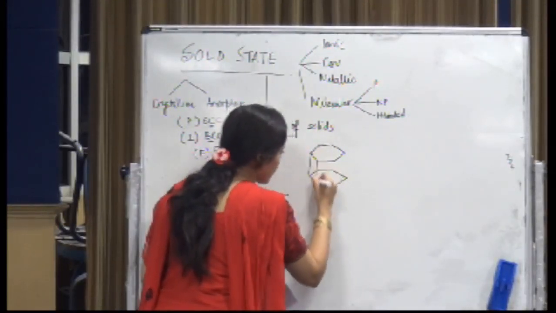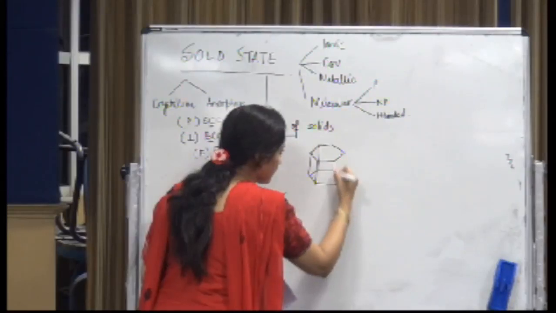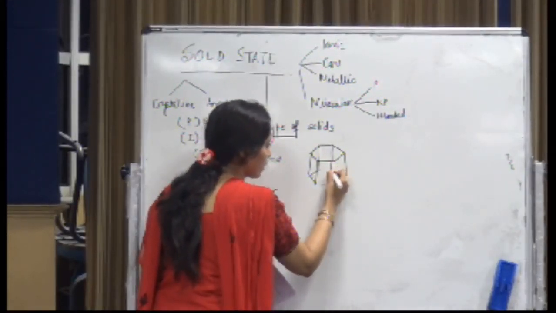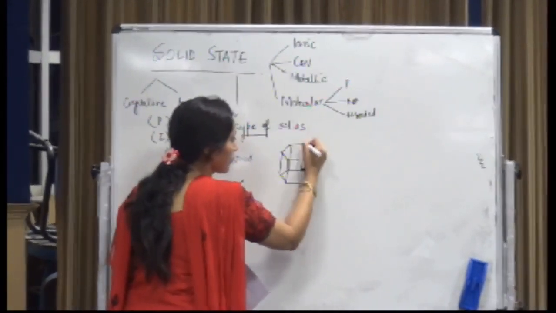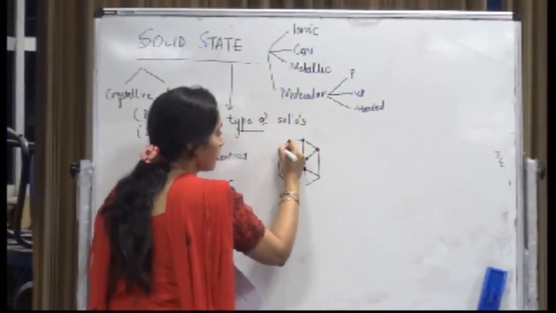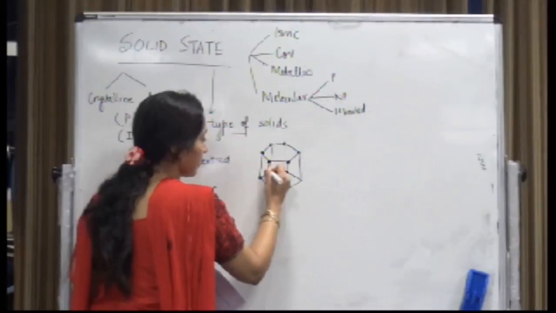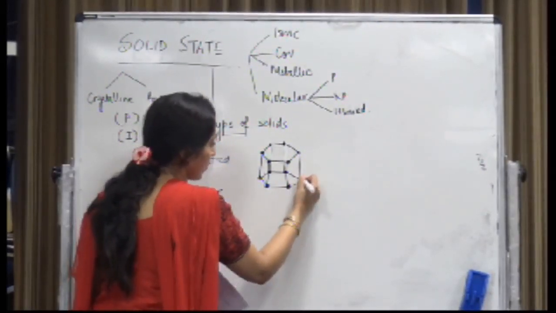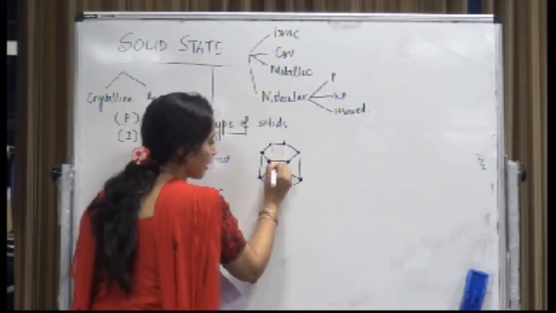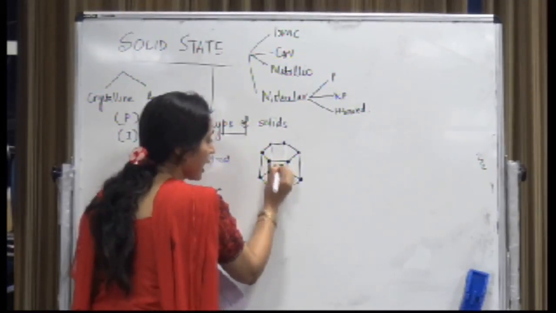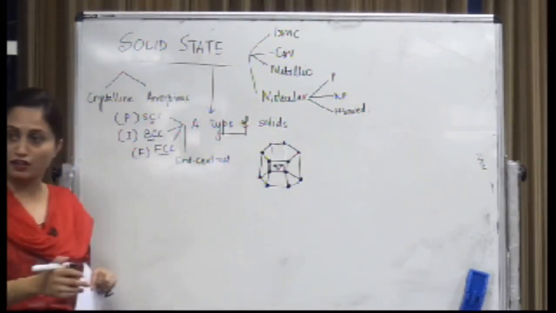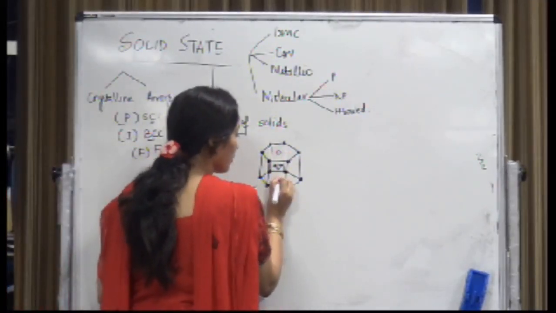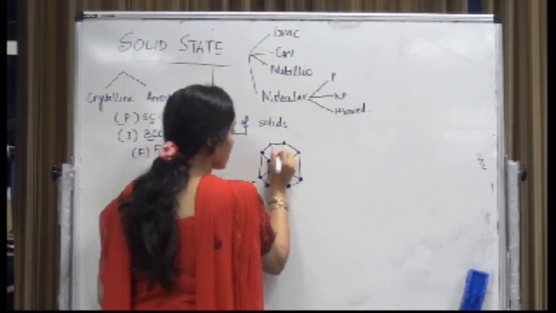I had drawn this was an HCP, and in this case you have atoms at the corners, each of the corners of the unit cell having 1 atom each. There are 3 atoms wholly within, and it was an end centered kind of arrangement because it had an atom at the top and at the bottom.